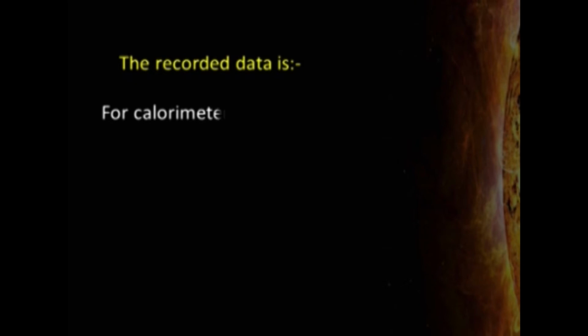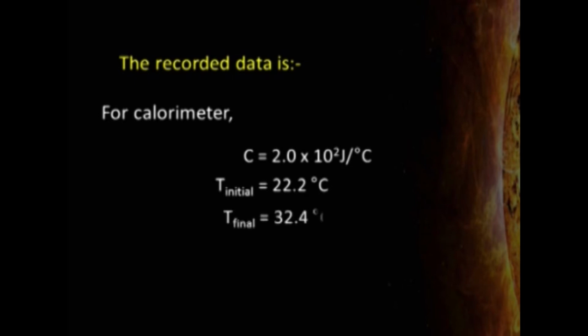And for calorimeter, specific heat capacity of calorimeter is equal to 2.0 into 10 to the power 2 joules per degree Celsius. Initial temperature is equal to 22.2 degrees Celsius and final temperature is equal to 32.4 degrees Celsius.